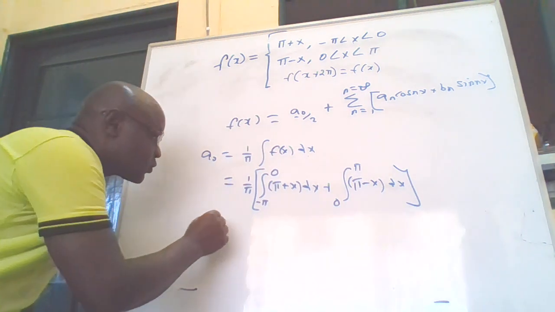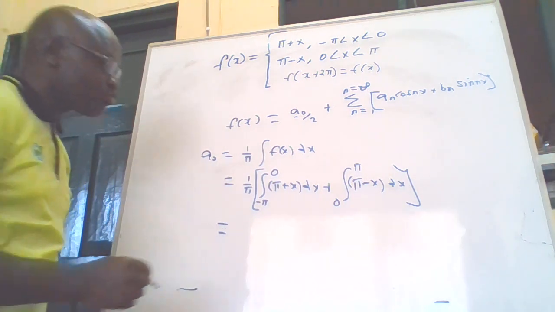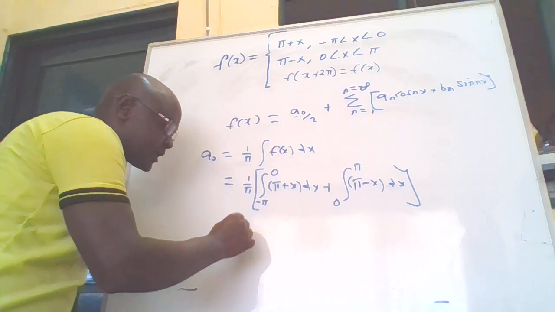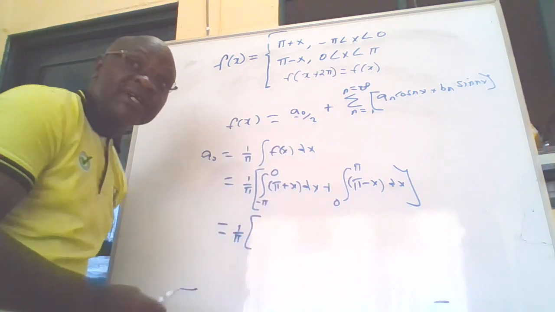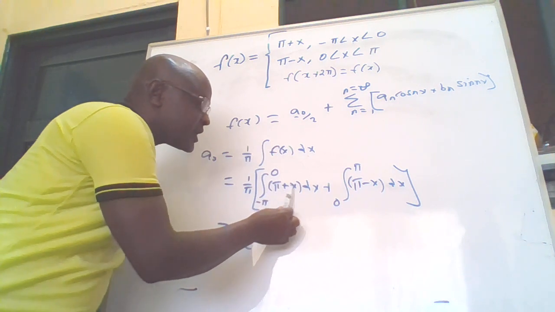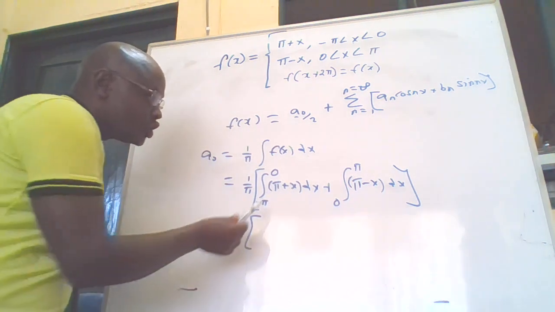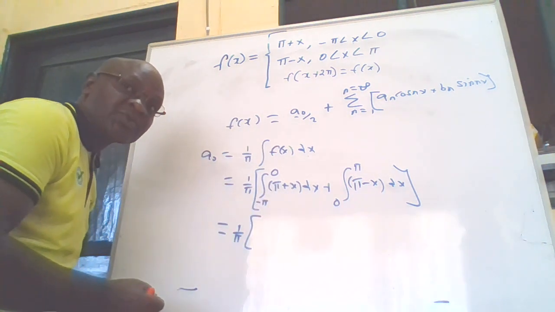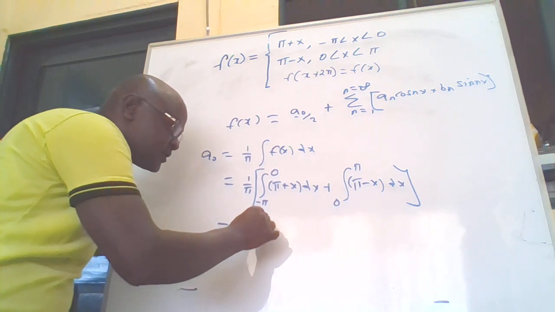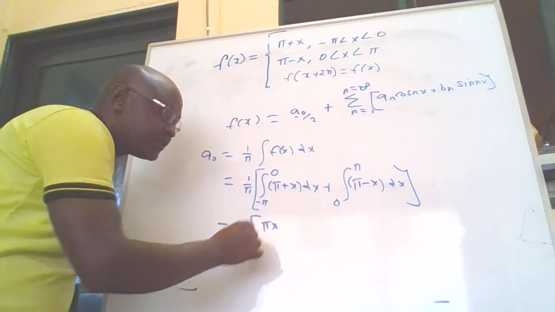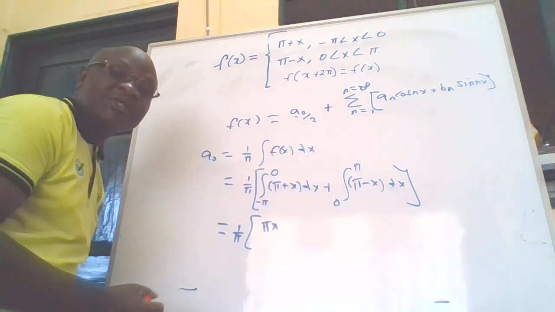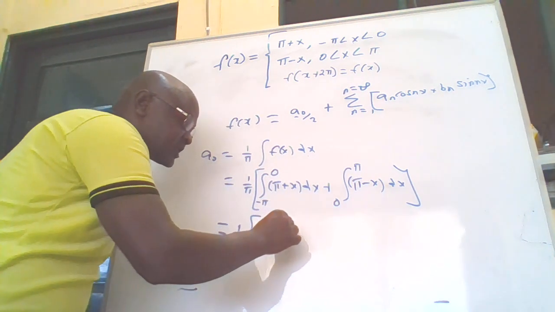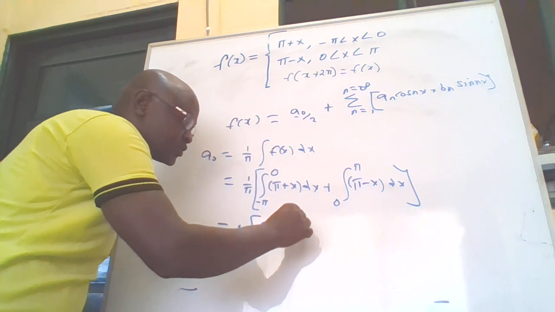Okay, so this equals 1 over pi into, now, we integrate pi plus x. When you integrate pi with respect to x, we get pi x. When you integrate x with respect to x, we get plus x squared all over 2.